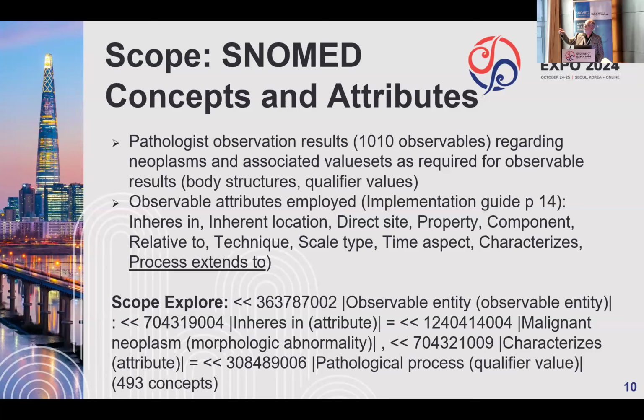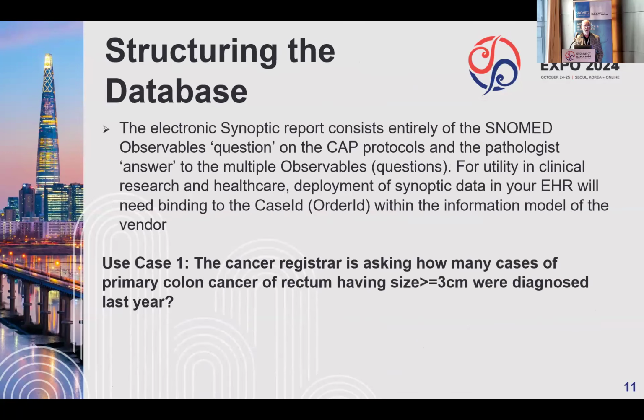Now, in terms of the scope of all of this, it is, as I say, a lot of work. And it basically points to the question of what are the observations made by the pathologist about this primary tumor. I mean, they're the only ones who ever actually see the primary cancer, okay?